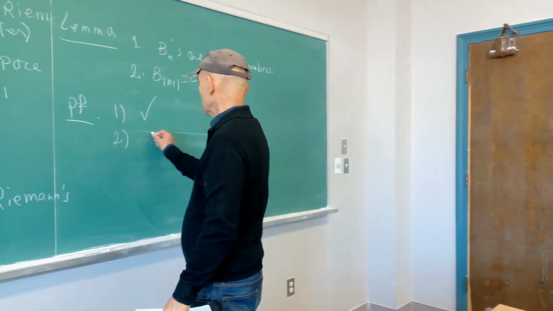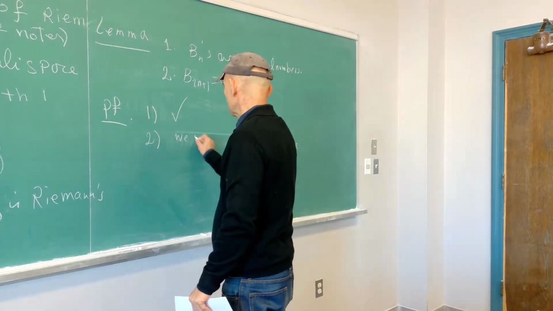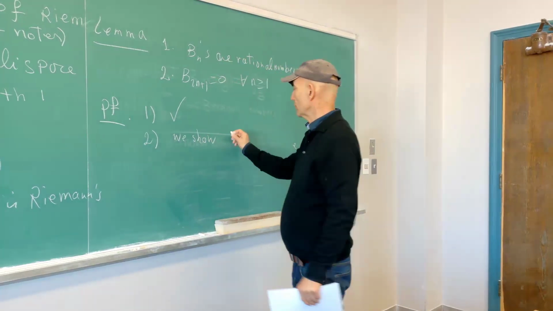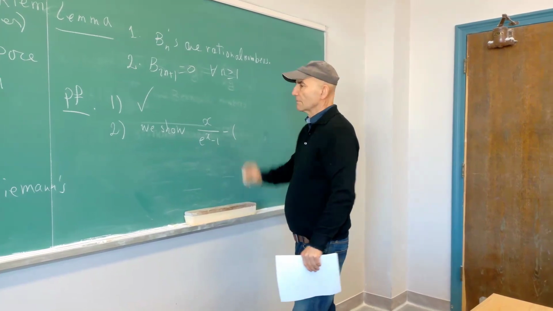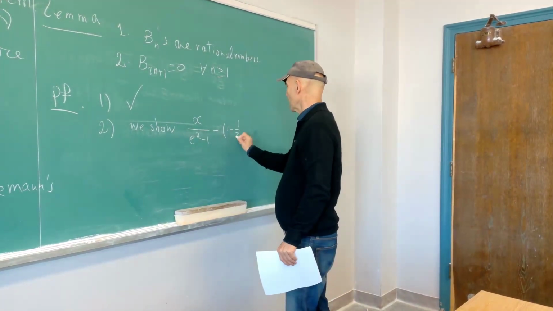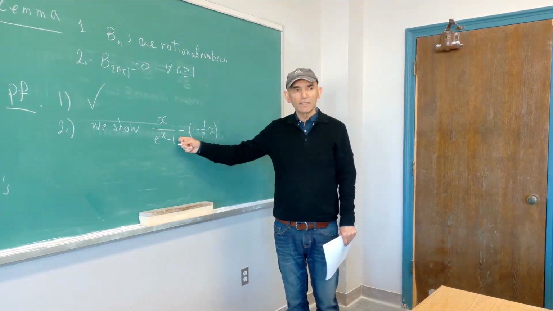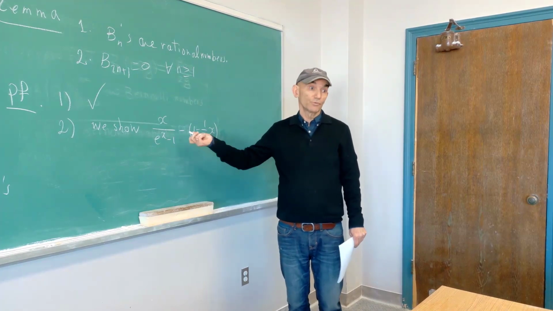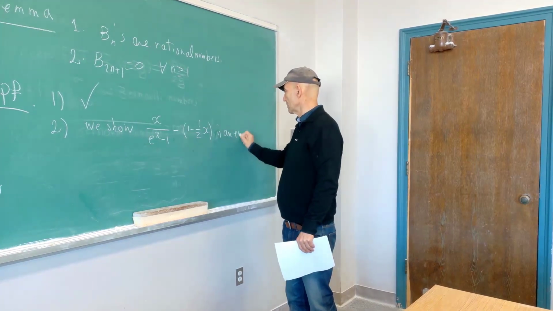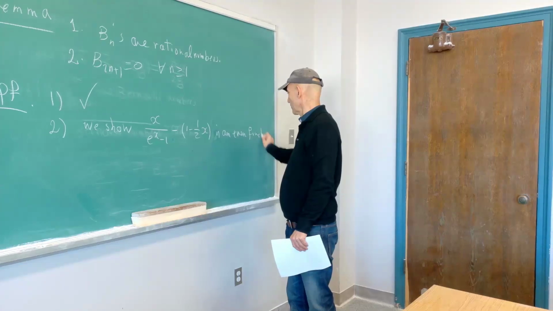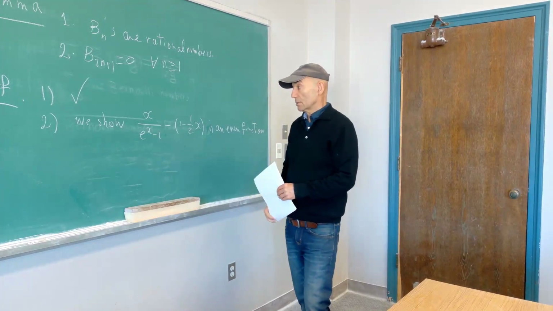So this is the proof. Consider x over e to the x minus 1 minus, the first part is 1 minus 1/2 x, right? This is the first two terms of the power series. If you subtract it, the remainder is an even function. We want to show that it is even. So how do we do that?